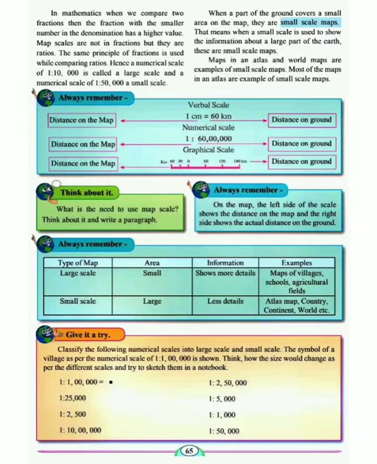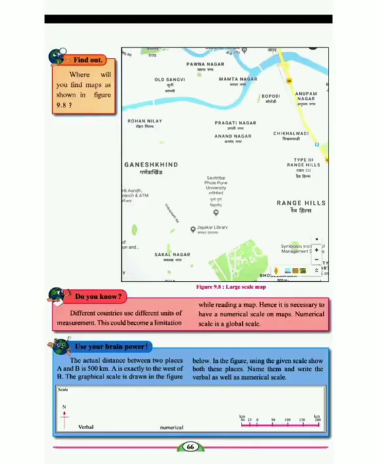Coming to the next part, do you know different countries use different units of measurement? This could become a limitation while reading a map. Hence, it is necessary to have a numerical scale on a map. Numerical scale is a global scale, right? Different countries may use different measurements, so someone's measurement may be different from another's to measure the maps.